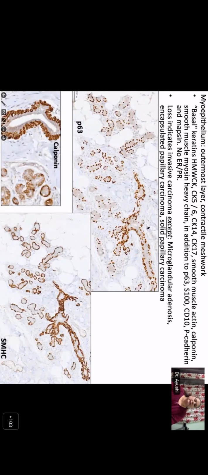While the myoepithelial cells, the outermost layer which also forms the contractile meshwork, are positive for basal keratins such as CK5, 6, 7, 17, 14, and also for myoid markers such as smooth muscle actin, calponin, SMMHC, and in addition basal cell markers such as P63, P40, S100, CD10, etc. As I said, the loss indicates presence of invasive carcinoma with certain exceptions. Generally, we use one nuclear marker and one cytoplasmic marker to identify the myoepithelial cell layer.